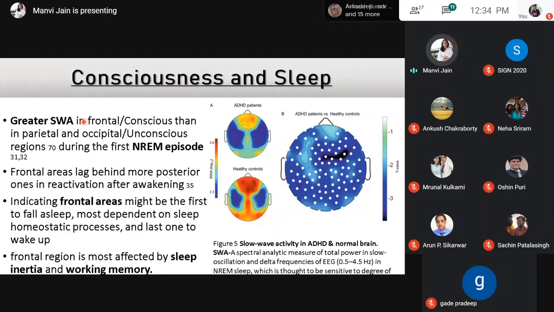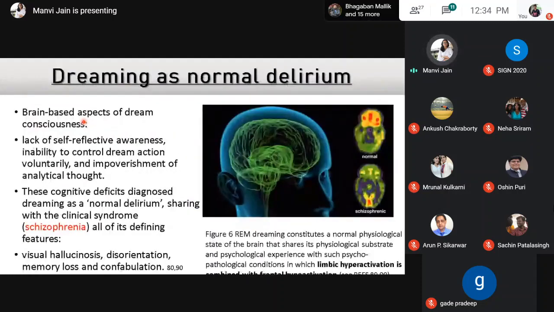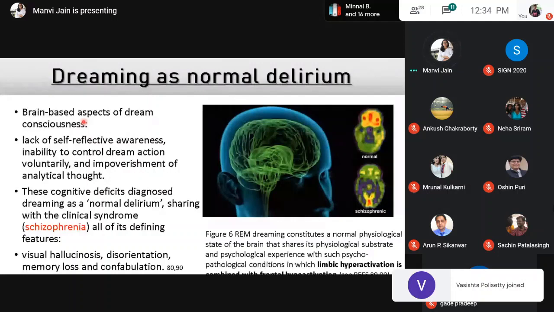So this is how frontal areas are more affected by sleep inertia and working memory. We also refer to it as a normal delirium because we can compare the actual characteristics of schizophrenia with this dreaming process, because there is, let's see this.